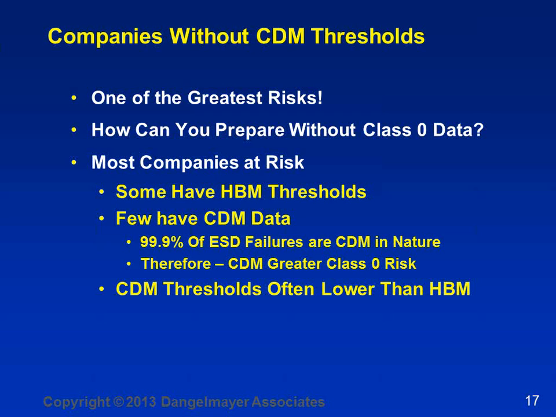Therefore, CDM is the greater risk for class 0. Certainly HBM is an issue as well, but CDM is the greater risk. The other scenario, even though HBM and CDM do not correlate, there's no way to predict one from the other. On average, CDM thresholds tend to be lower than HBM.